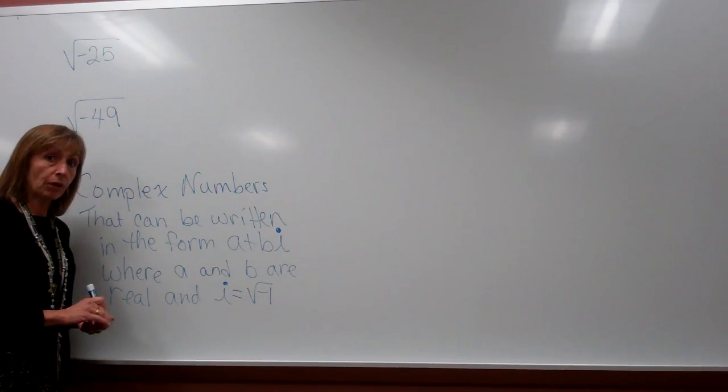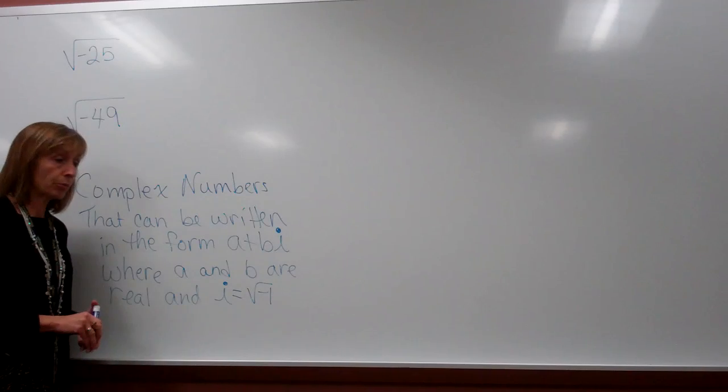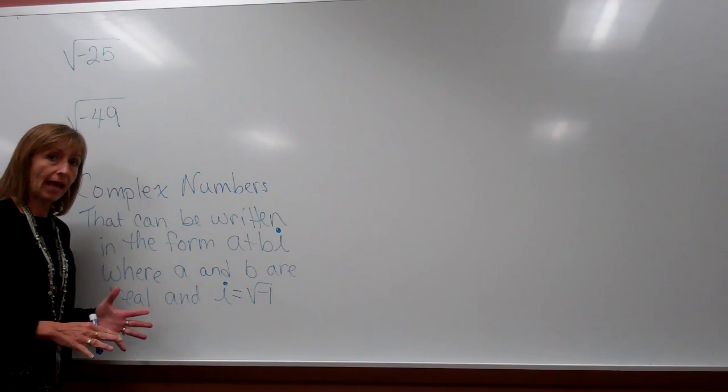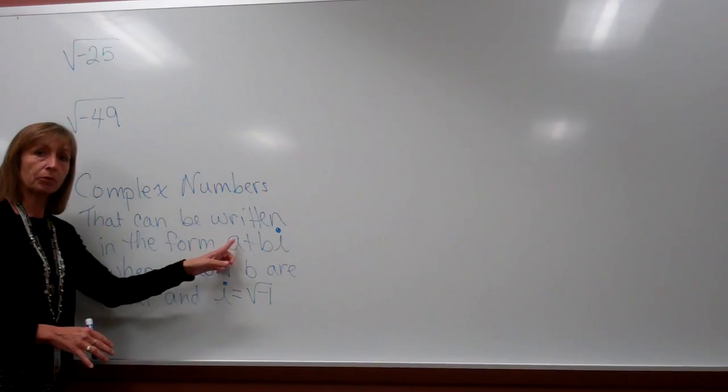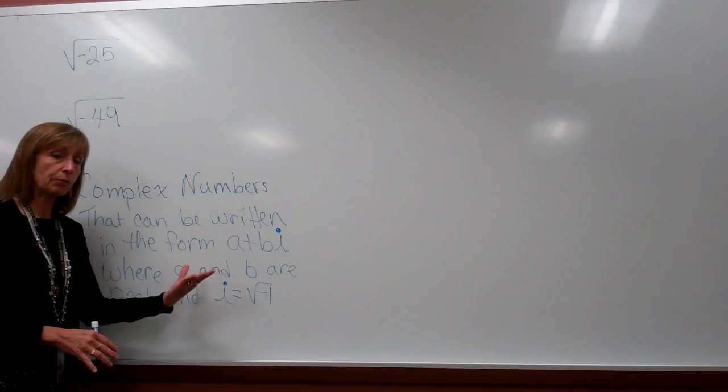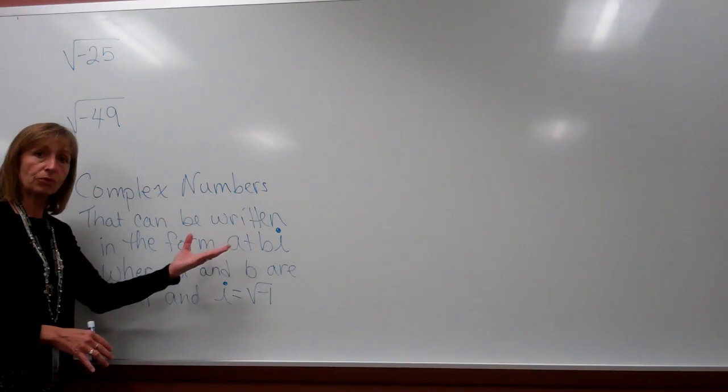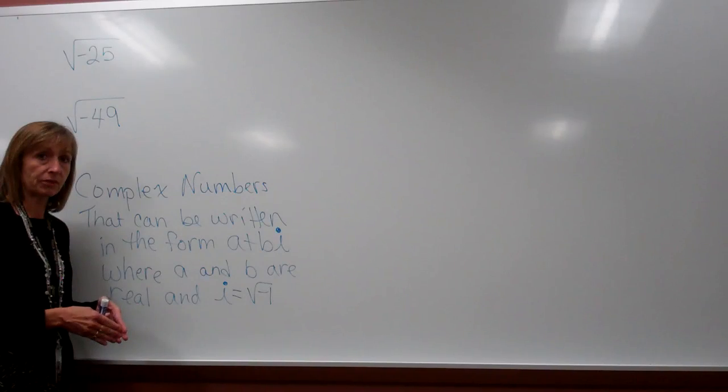Now, all of our real numbers are actually also complex numbers, because any real number I have, I can write it as the real number plus 0i, and it would be a representation that then shows that it is also within this complex number set.